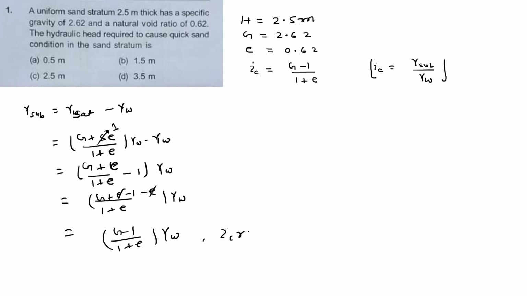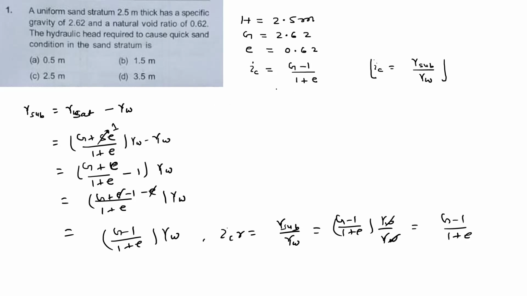Therefore, i_cr is equal to gamma submerged by gamma w, and gamma submerged is (G minus 1) divided by (1 plus e) into gamma w, by gamma w cancelled out. So this is (G minus 1) divided by (1 plus e).